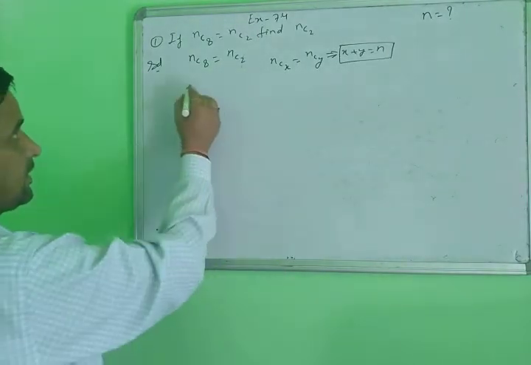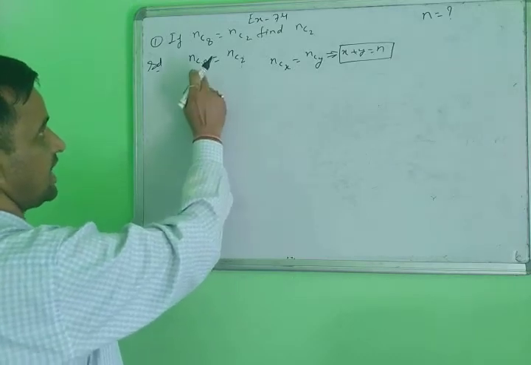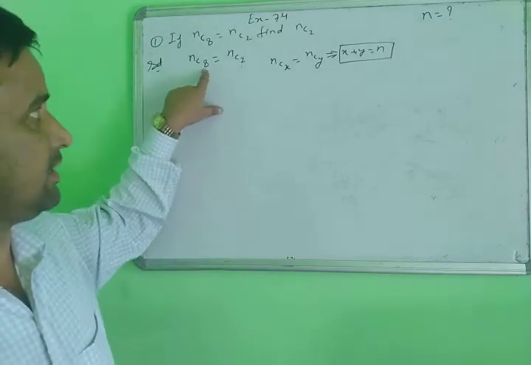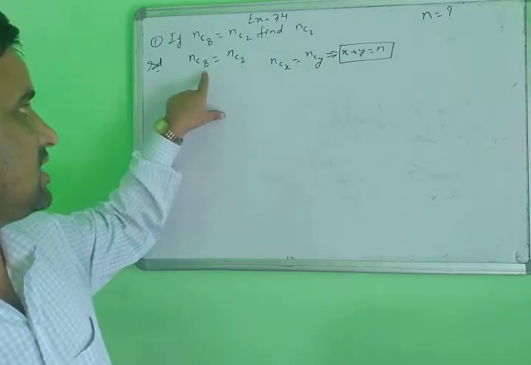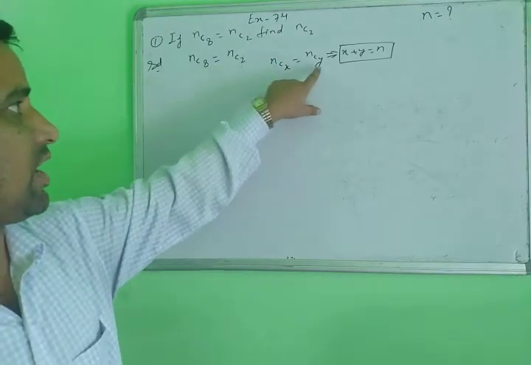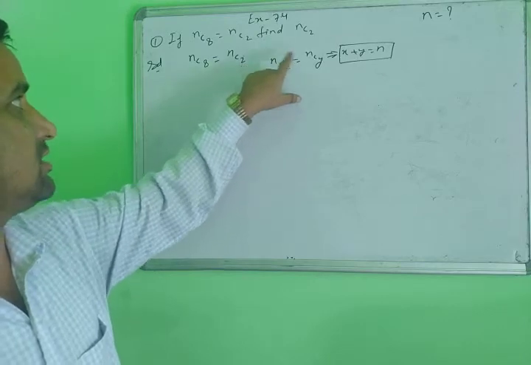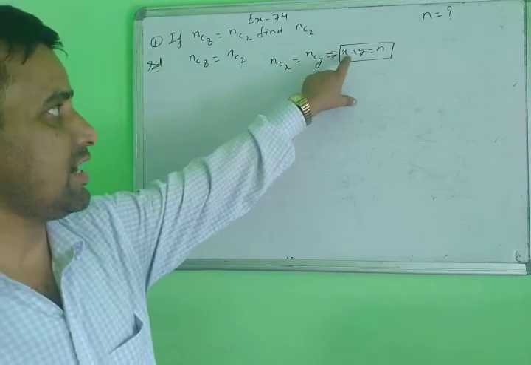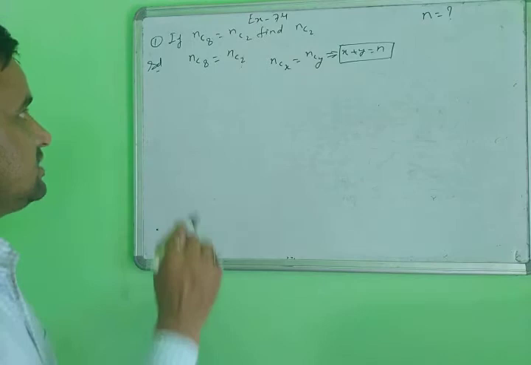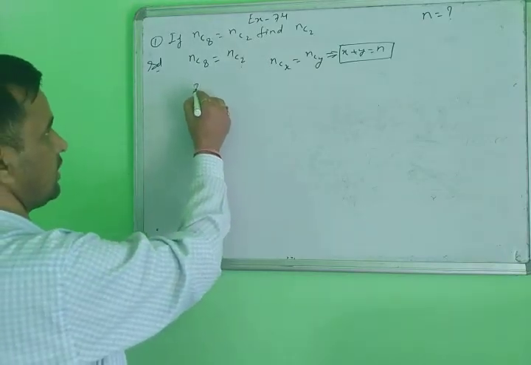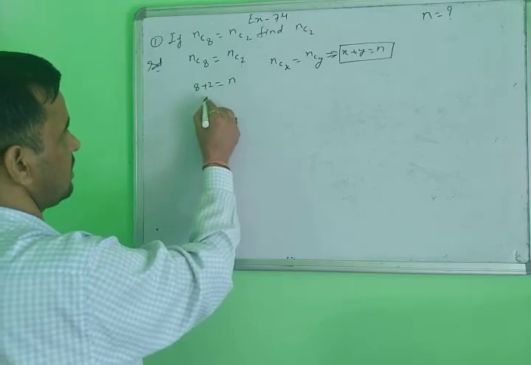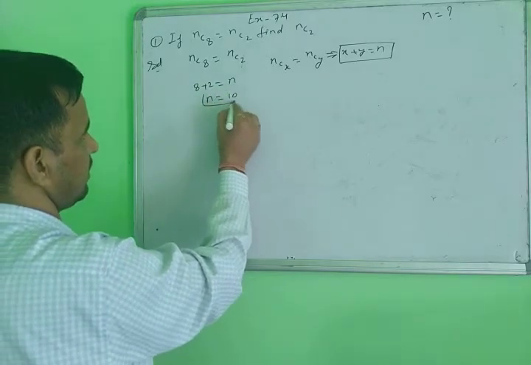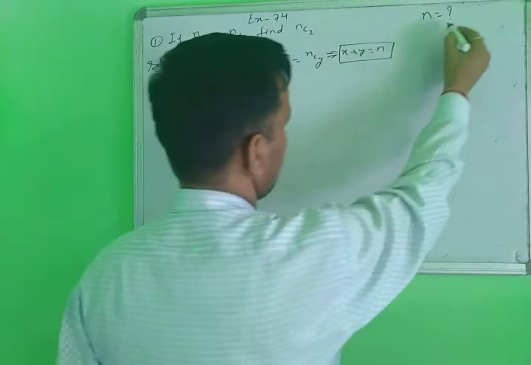Here x is 8 and y is 2, and n stays as n. So x plus y equals n, meaning 8 plus 2 equals n, so n equals 10. You have got the value of n.